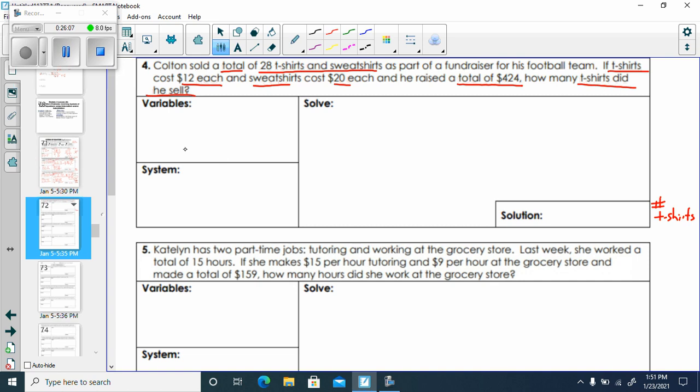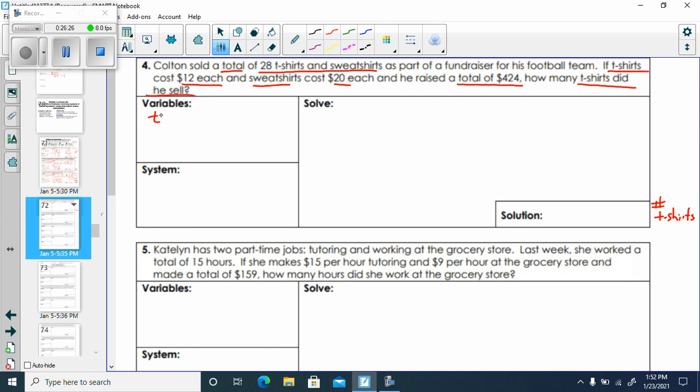Okay, now we're going to start seeing some things where we're going to use some equations that have different things they add up to. So let's look at this. Colton sold a total of 28 t-shirts and sweatshirts. So we're talking about the number of t-shirts and sweatshirts sold, right?